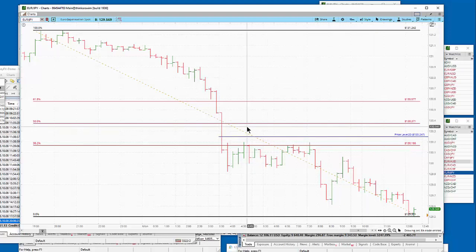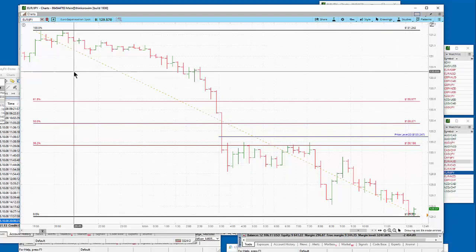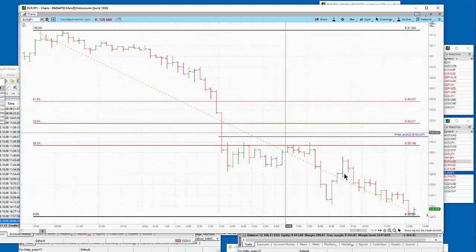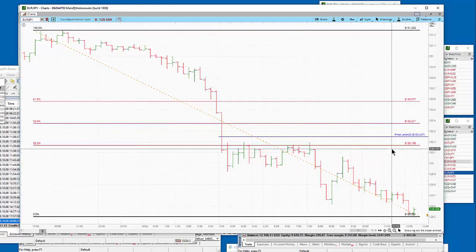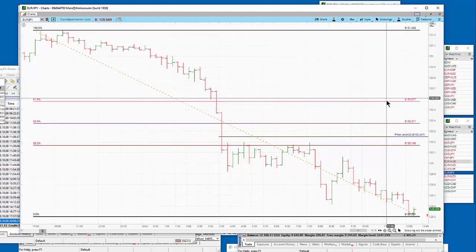So if this is in fact the low price for this trading day, and if we're going to have a normal retracement of a move, then the price should come back to somewhere between these red lines.